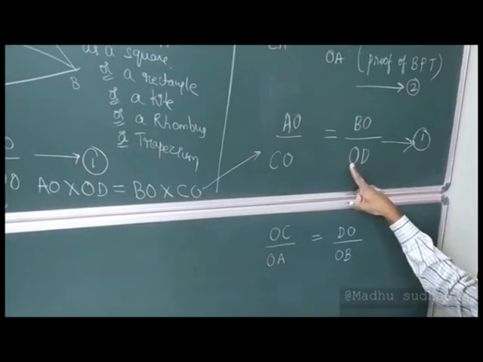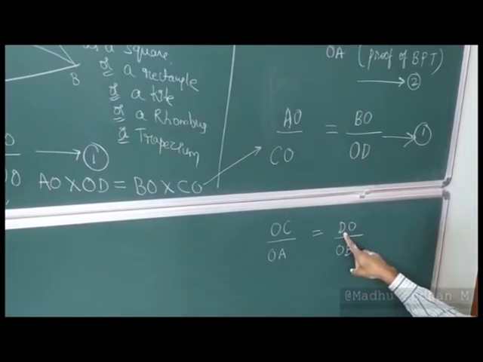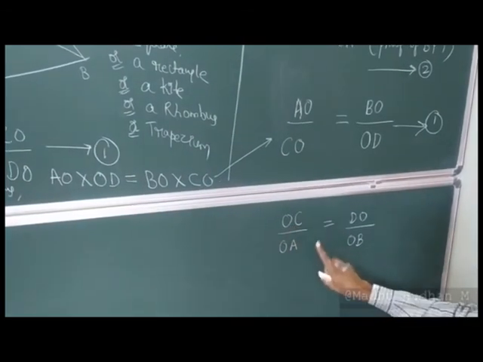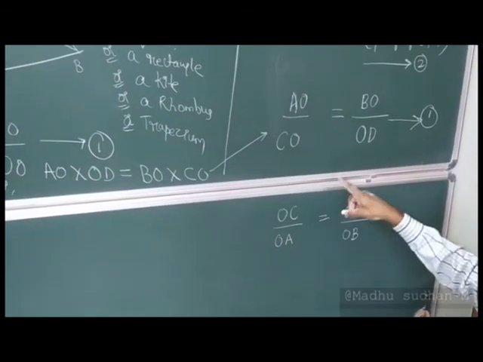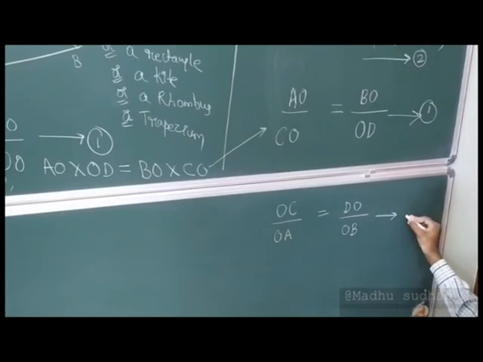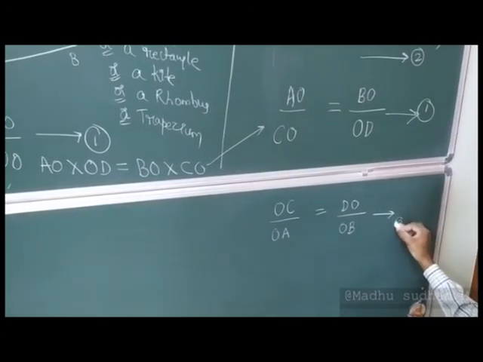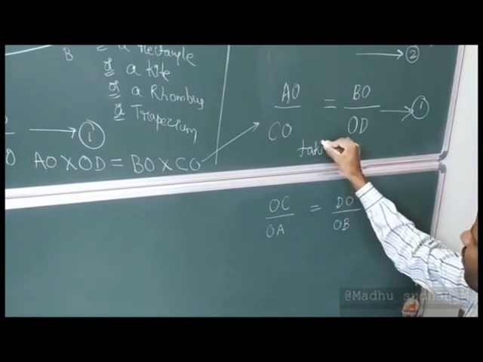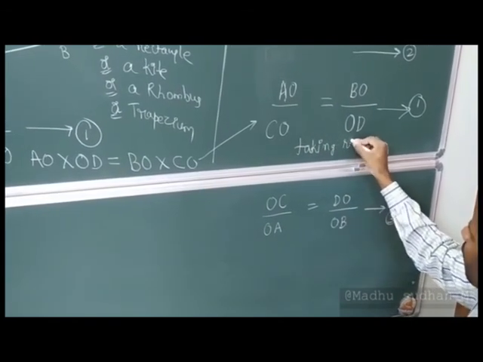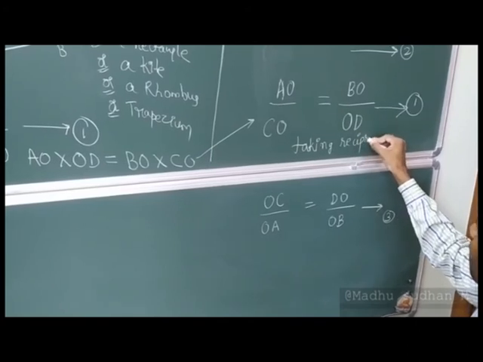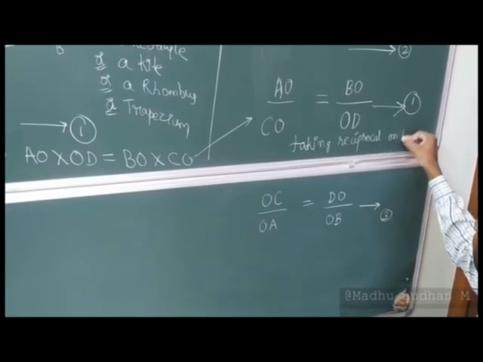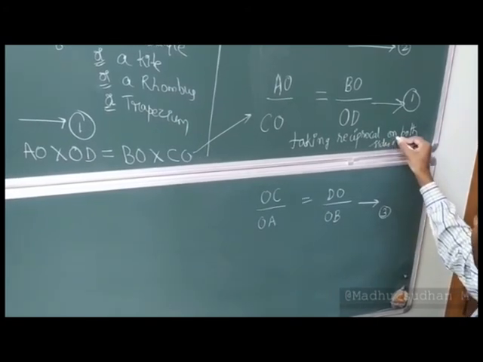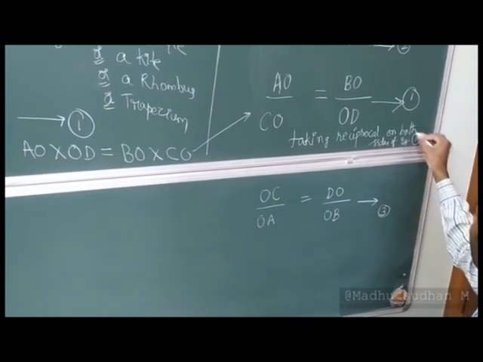Whether DO or OD, both refer to the same. If I have written OC or CO, both refer to the same. This is my equation number 3. So please understand, we have taken reciprocals, taking reciprocal on both sides of equation 1.